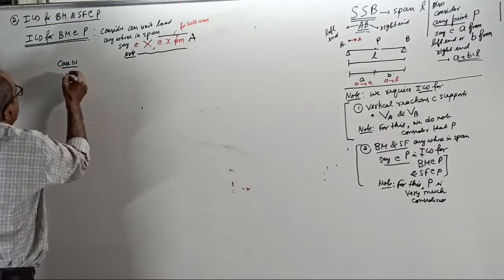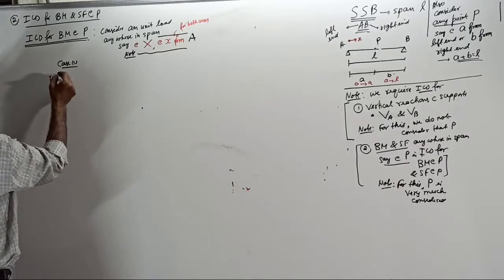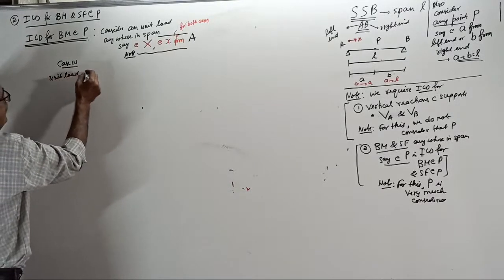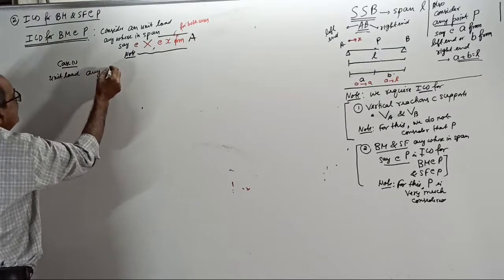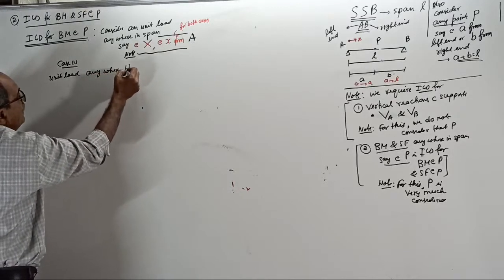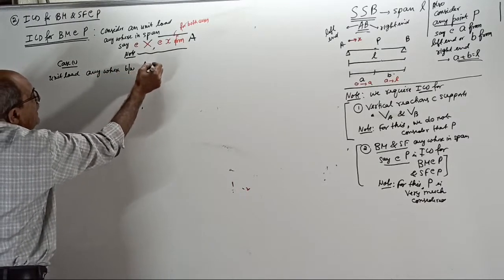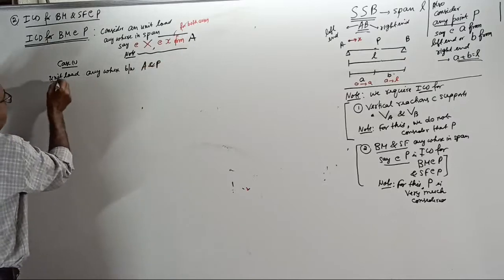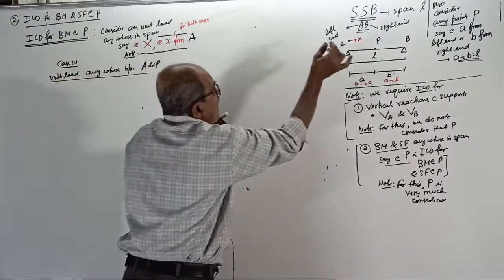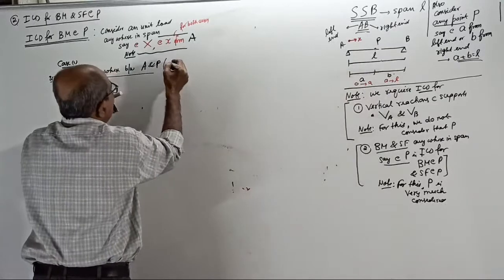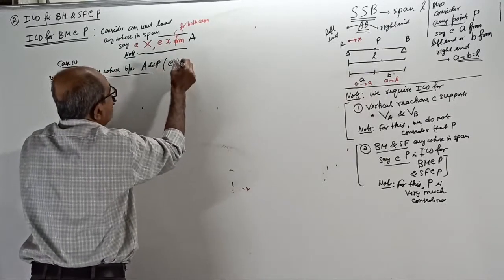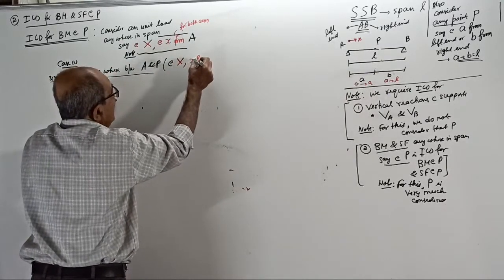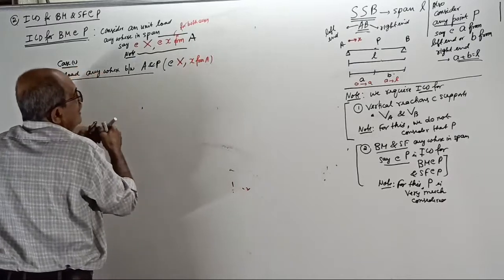Case 1. Unit load anywhere between A and P. See, anywhere between A and P, that is at a point X, X from A. Okay, start.